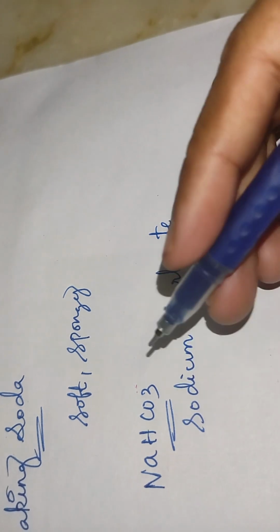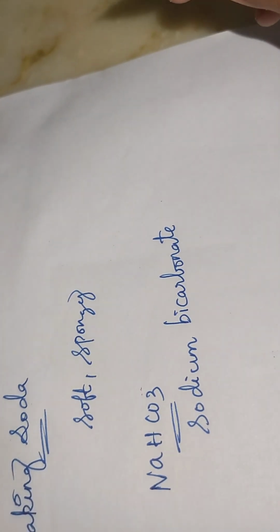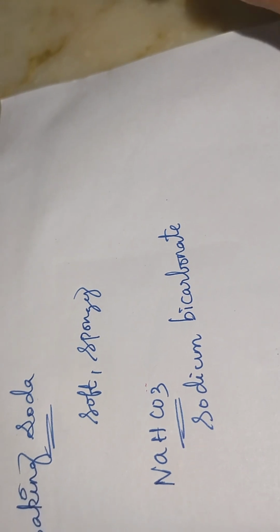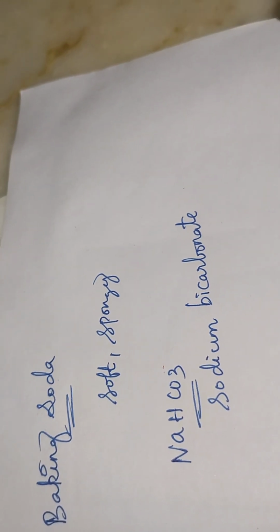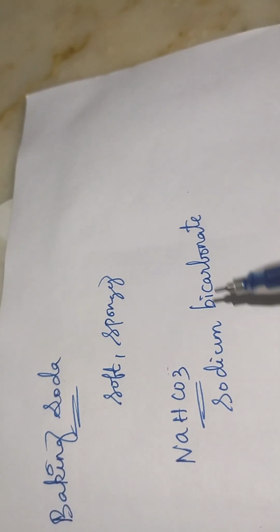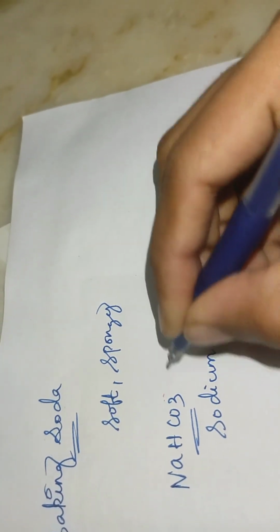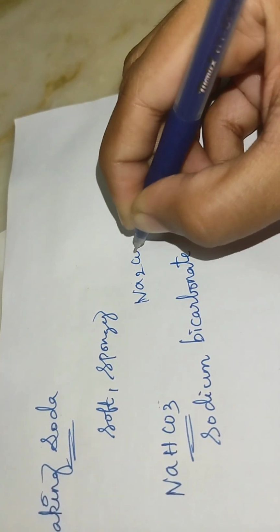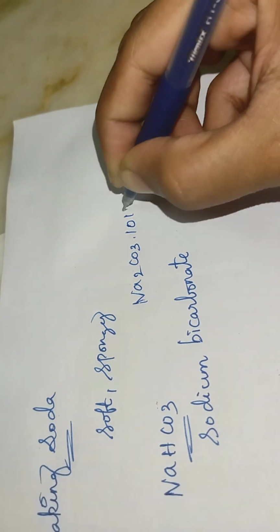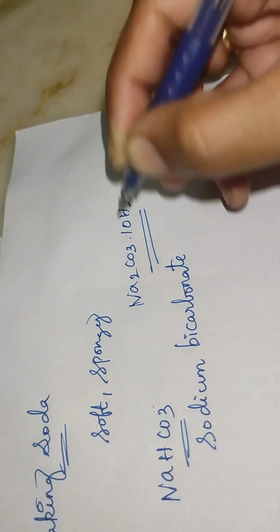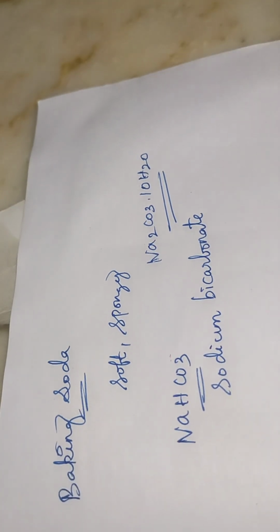So this is baking soda. Washing soda is Na2CO3 dot 10H2O. Know the difference between baking soda and washing soda. 10 water molecules are present in the sodium carbonate, and that is known as washing soda.